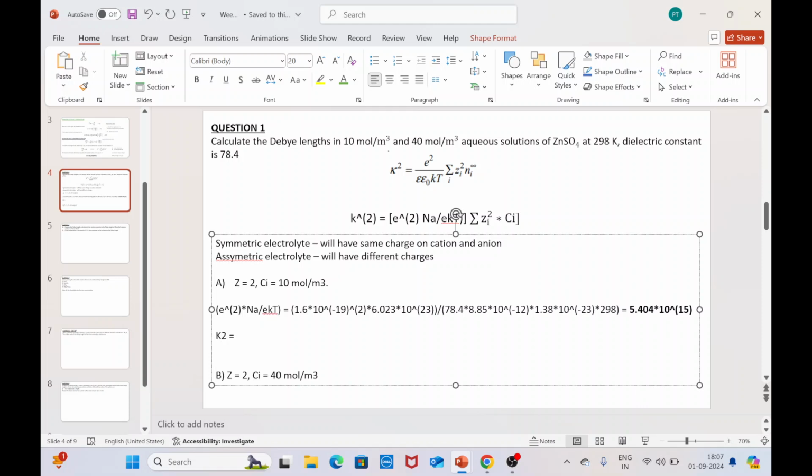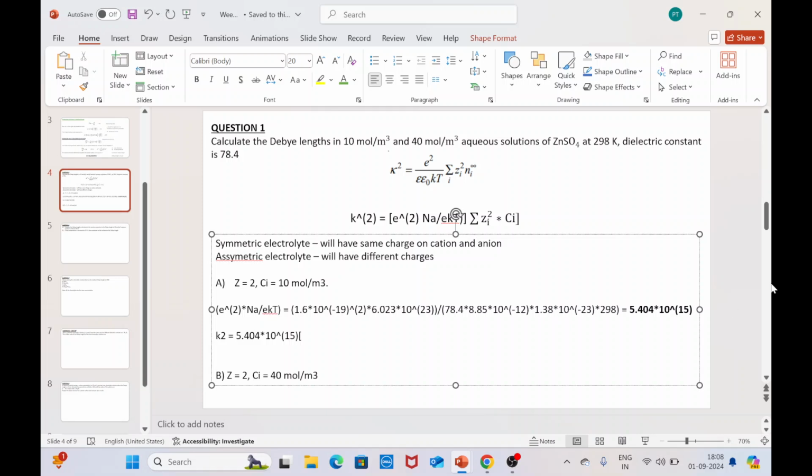So the kappa square value is 5.404 times 10 to the power 15.